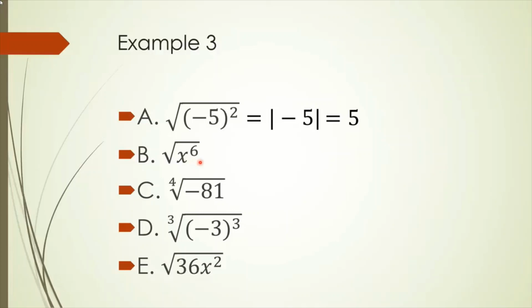Letter B, and here we're going to assume any real number, or just non-negative numbers. If it's just positive numbers, then you don't have to worry about the absolute value bar when it comes to variables.